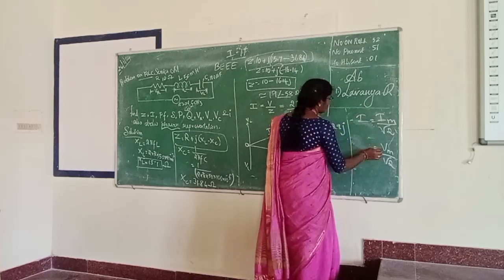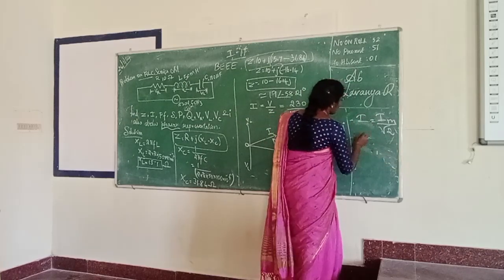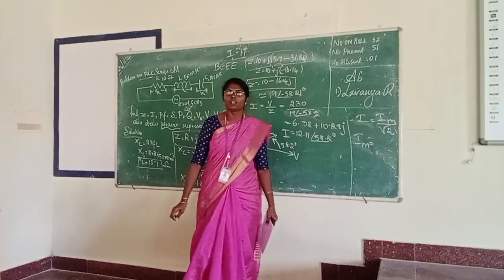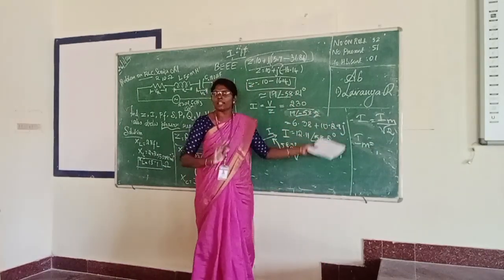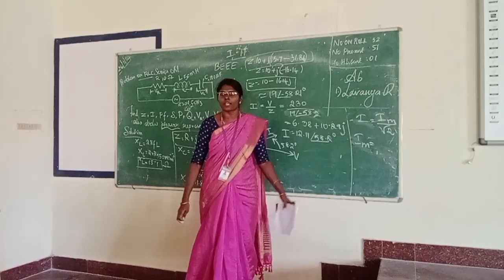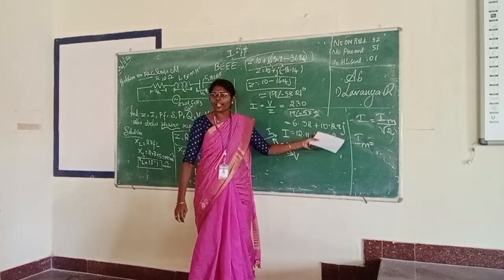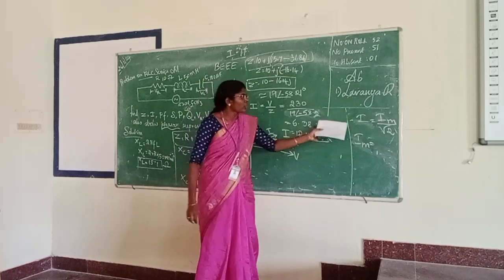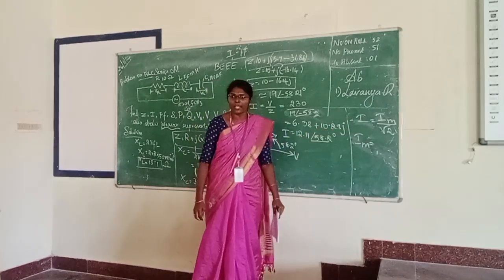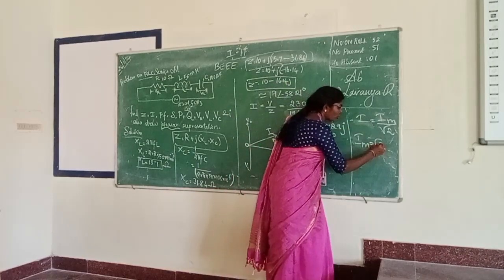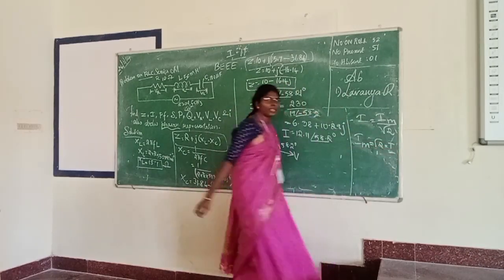Now, the maximum current. Before going to RMS current, first we have to find out the maximum current. From the current we know that I is equal to Im by root 2, so the maximum current Im is equal to root 2 into I. Just multiply and tell me.